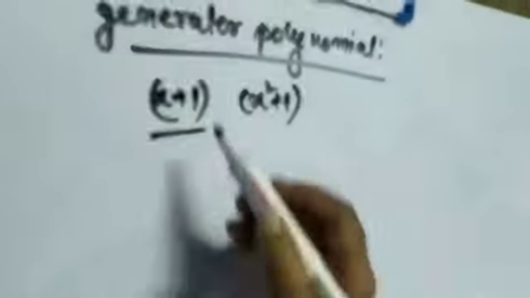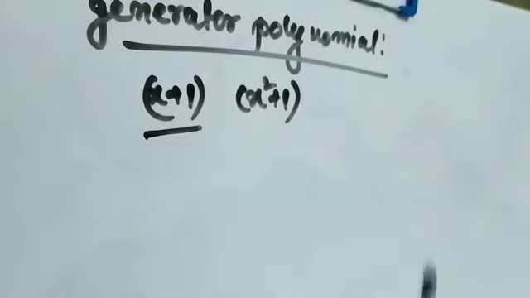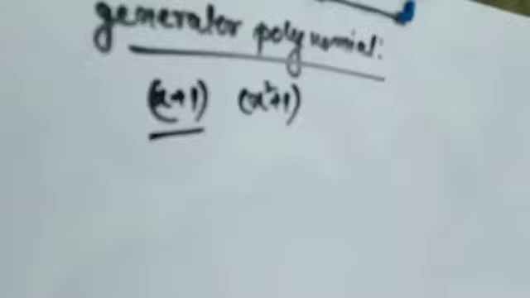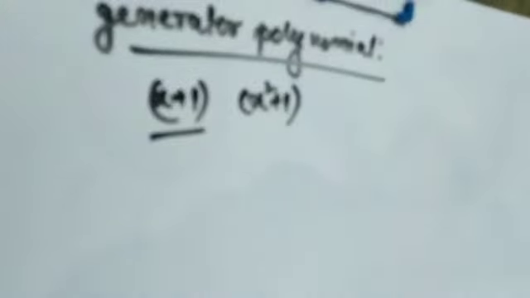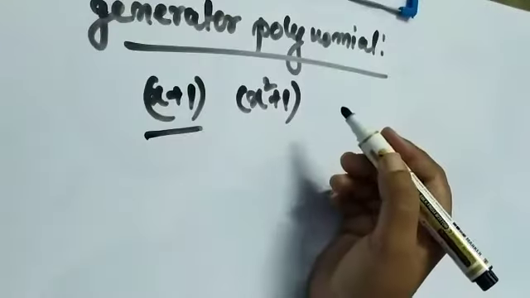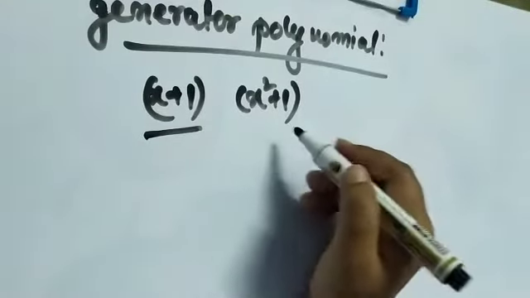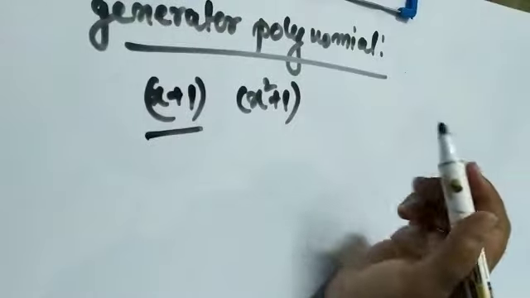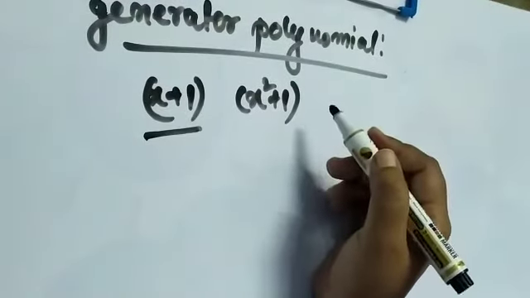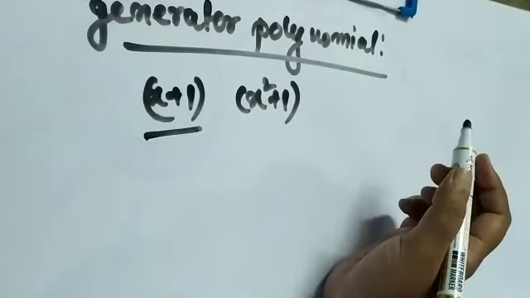You cannot further divide this polynomial into another subdivision. Therefore, it is an irreducible polynomial. But x square plus 1 is not an irreducible polynomial.